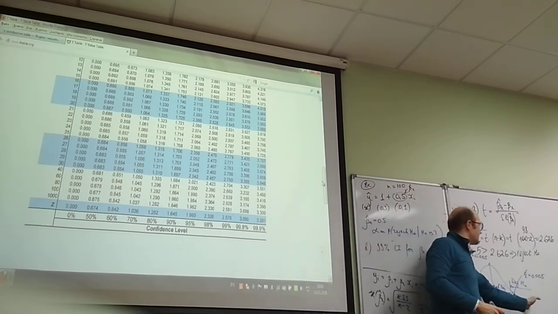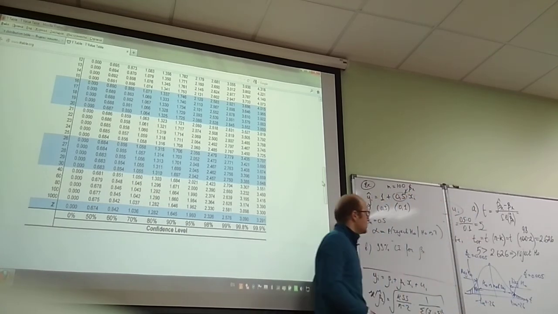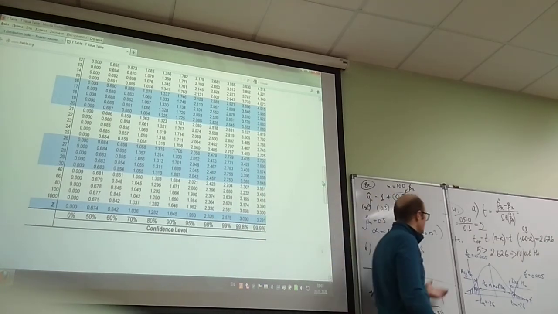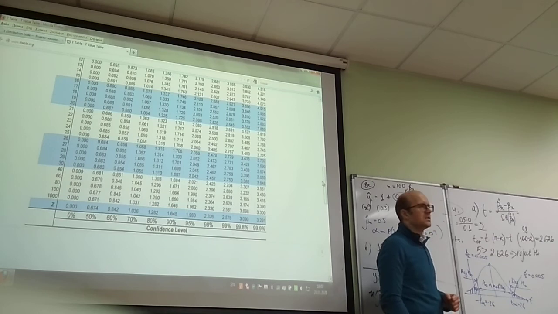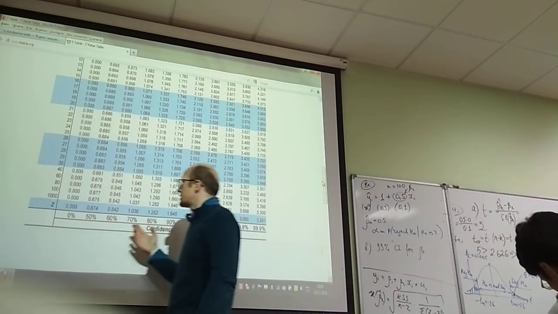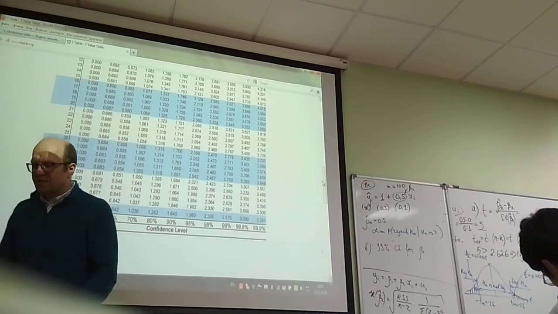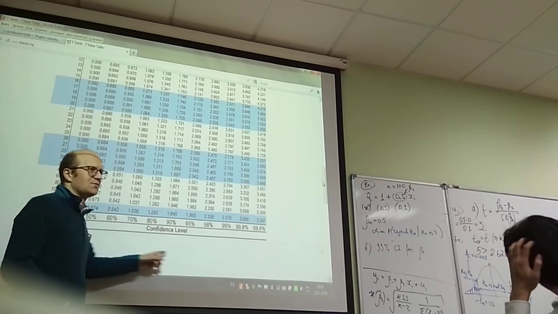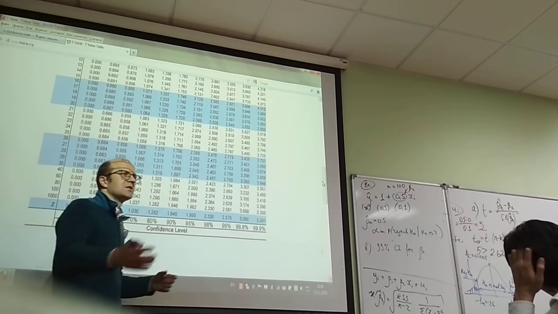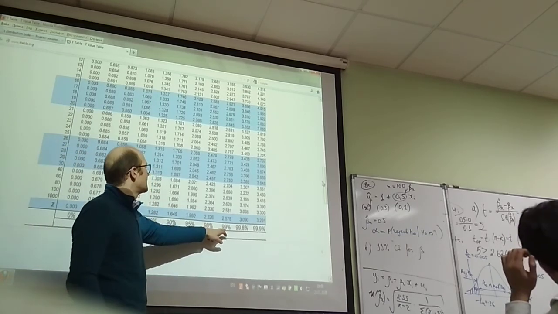So the total probability of rejection is 1%, and 1/2 of the probability is 1/2 of the percent. But the table here is very simple. It gives me directly the confidence level. So if probability of rejection is 1%, then confidence level is 99%.